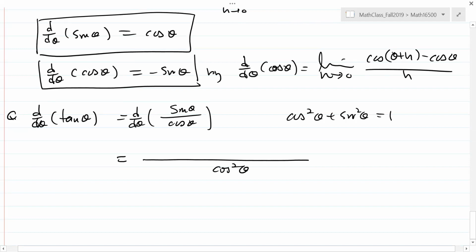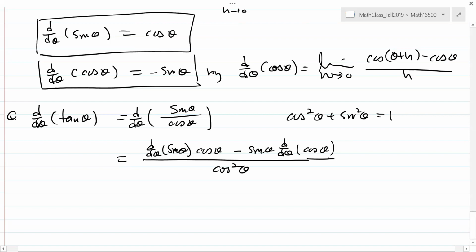it's cosine square theta in the denominator, and the numerator is the derivative of sine theta times cosine theta, minus sine theta times the derivative of cosine theta. Those sine and cosine functions are not created by mathematicians. They are already there. We just name them.